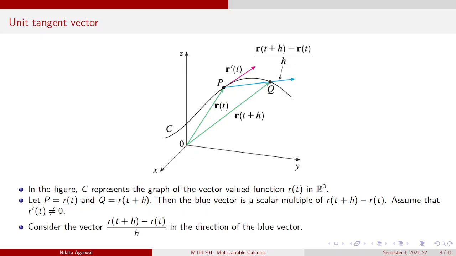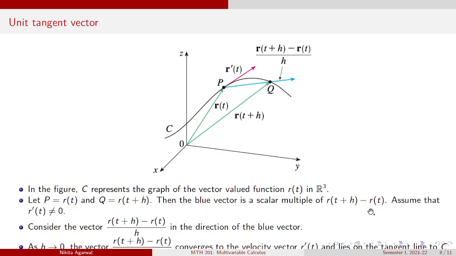Now you consider the vector (r(t plus h) minus r(t)) divided by h, right? That's a vector in the direction of this blue vector, isn't it? Because the direction of the blue vector is nothing but r(t plus h) minus r(t). Now, as h goes to 0, the distance between P and Q goes to 0.